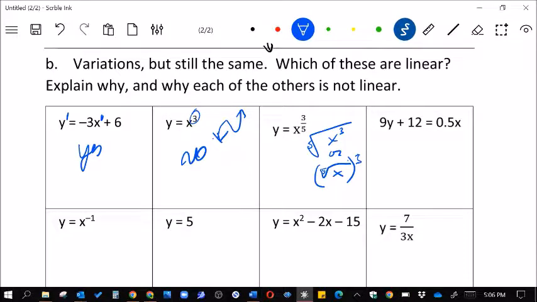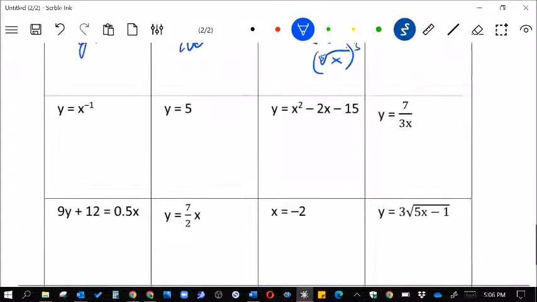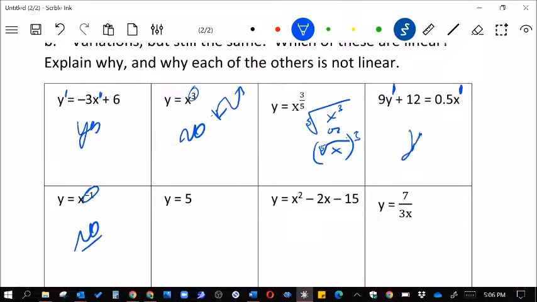Let's put the 5 in here and 5 there. Okay. Now this one, let's actually look and see that both y and the x have an exponent of 1, so it'll make a linear equation. Whoops, it's a -1. No. Yes.